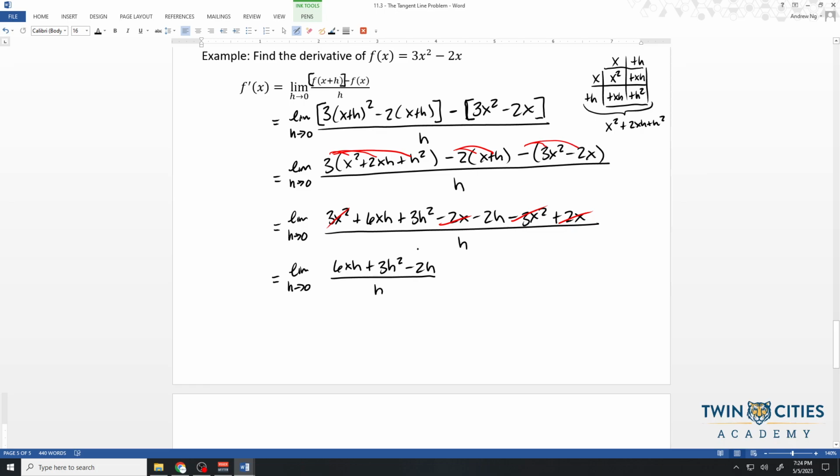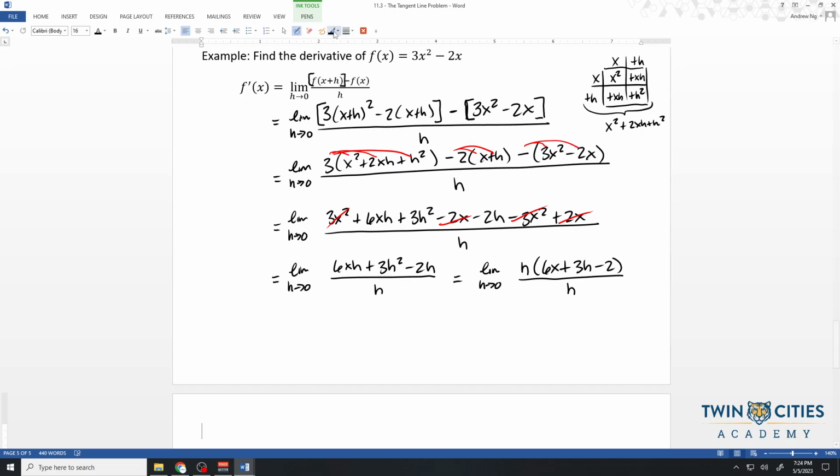What I can do is see that in the numerator all 3 terms that are left have an h. So I'm going to pull this h out to the front. This is the limit as h approaches 0 of pulling that h to the front and dividing each term by that h, which will be 6x plus 3h minus 2, over an h on the bottom.